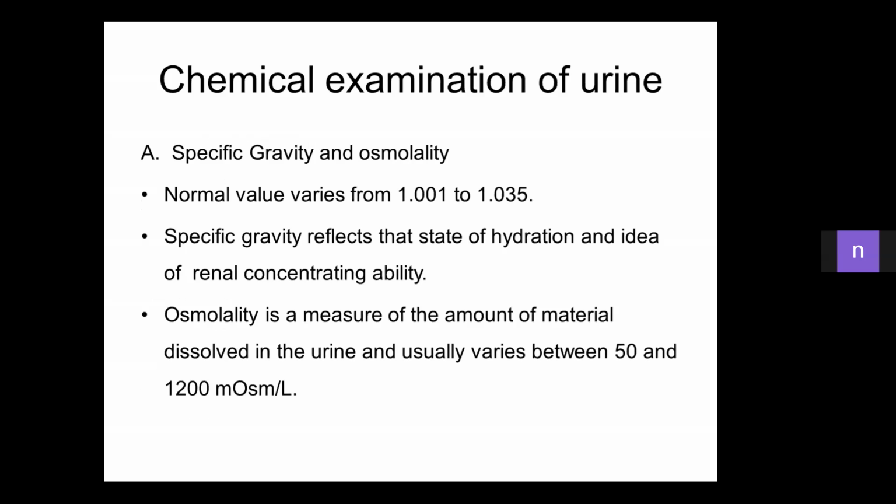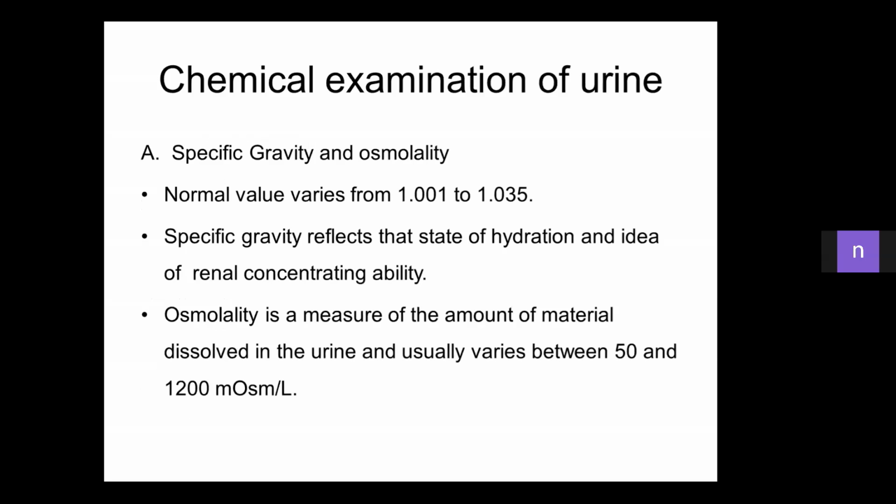So for the specific gravity and osmolality, the normal value varies from 1.001 to 1.035. A specific gravity less than 1.008 is regarded as dilute, and a specific gravity greater than 1.020 is considered concentrated.